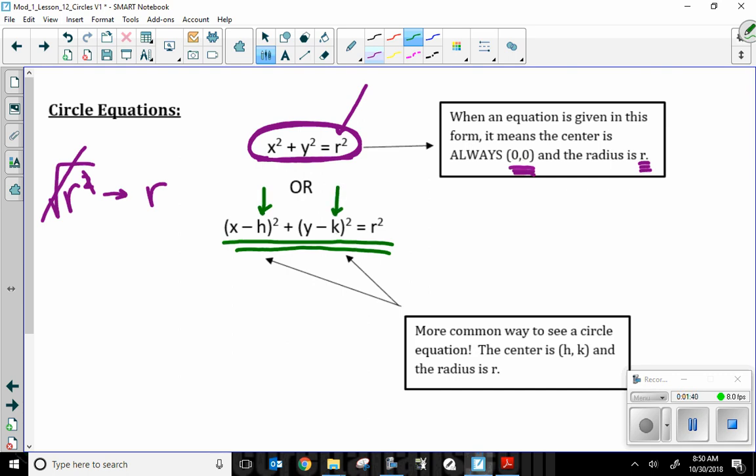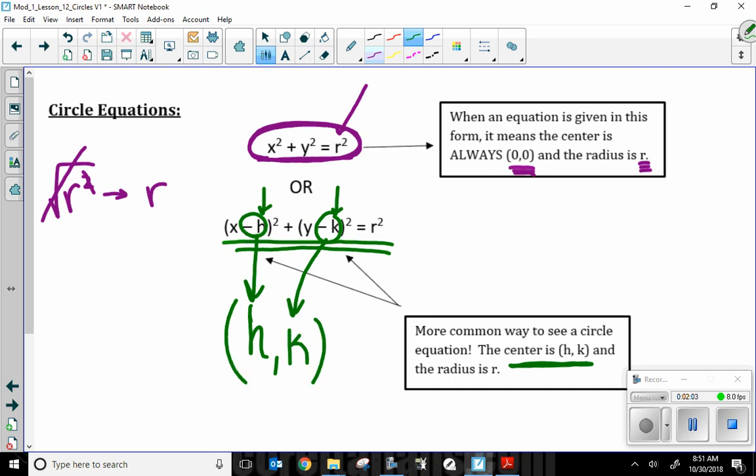Keep in mind, anytime something's in parentheses and I take it out of the parentheses, I have to flip it. That's negative h, but I would have positive h for my x value. That's negative k, but I would have positive k. Those two flipped values give you the center of the circle. Then again, I get my radius right there.